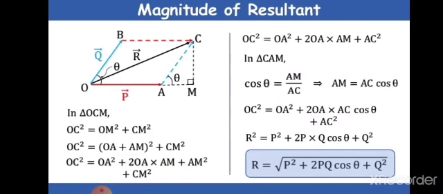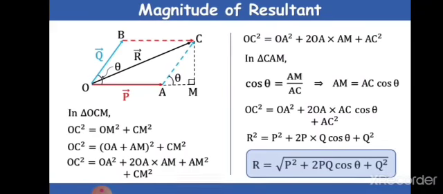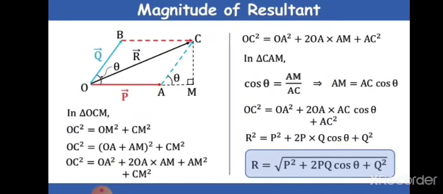Now let us take the triangle CAM. For that triangle, cos theta is equal to adjacent side by hypotenuse, AM by AC. Therefore AM is equal to AC cos theta. In the first equation, OC square, instead of AM we substitute the value AC cos theta.